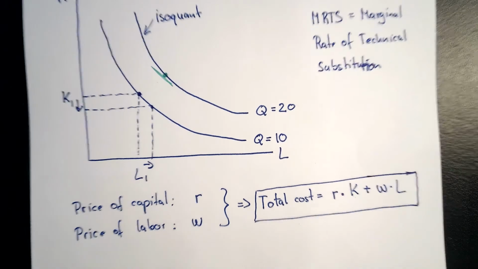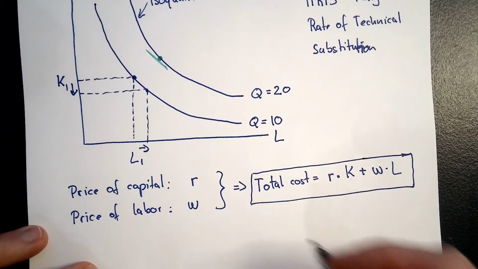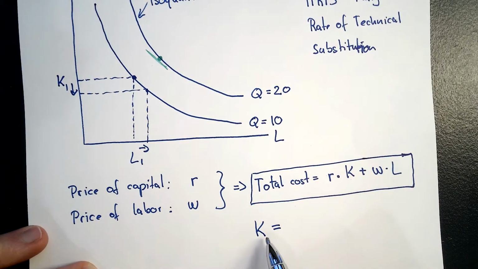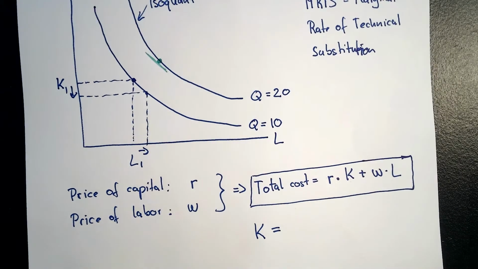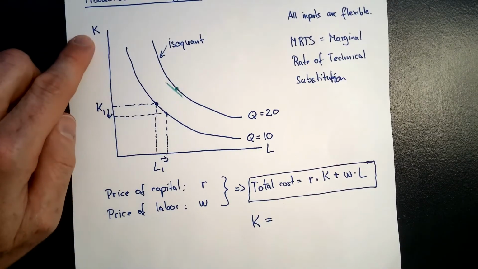We can rewrite this total cost as follows. We can make this a function of K, and note that capital is what you have on the vertical axis here.